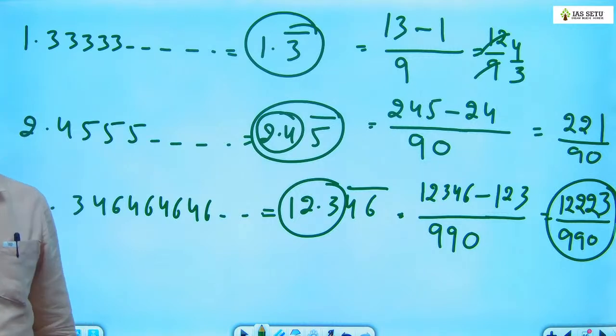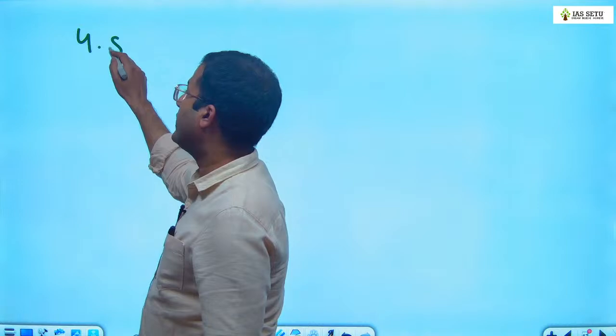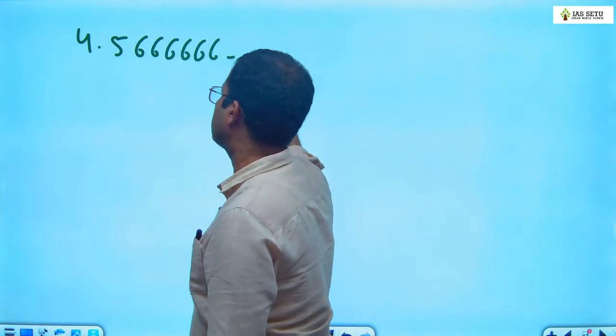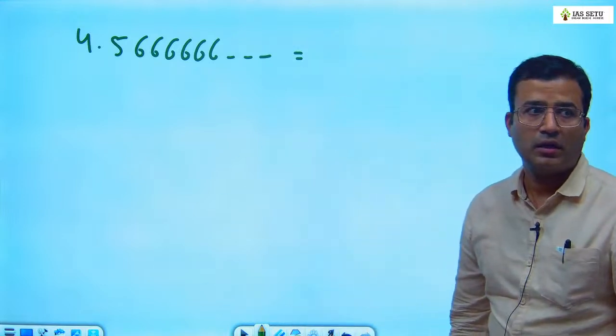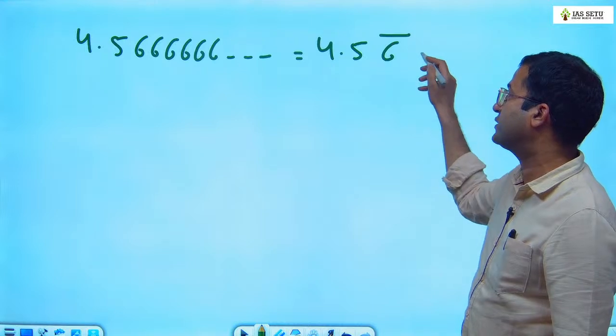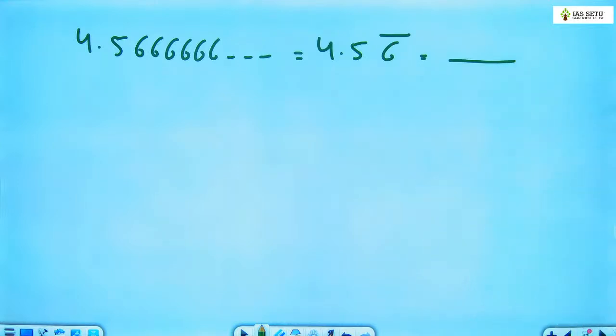I take one more example. Then I ask you two questions. एक और क्वेश्चन लेता हूं मैं. 4.56 step by step, I write it as 4.5 bar on 6. This 6 reoccurs again and again.